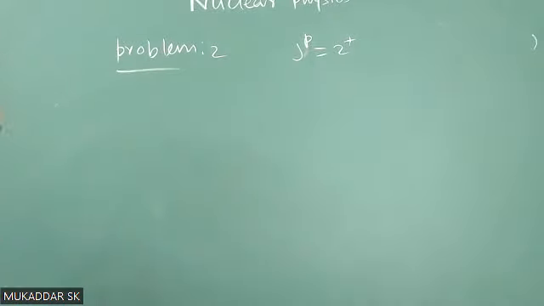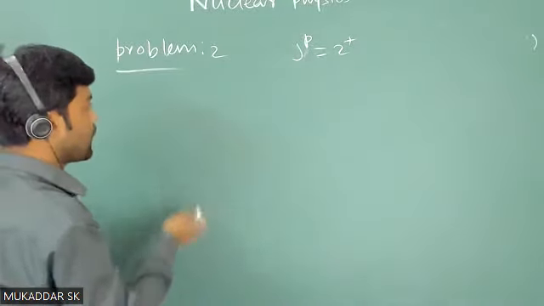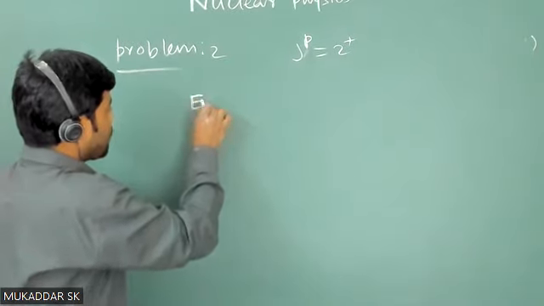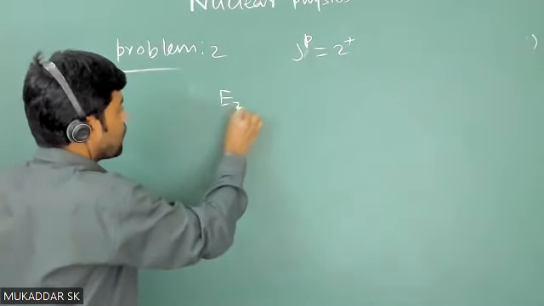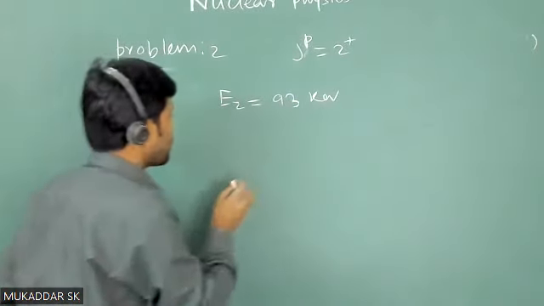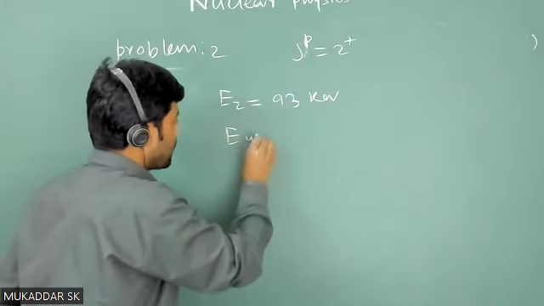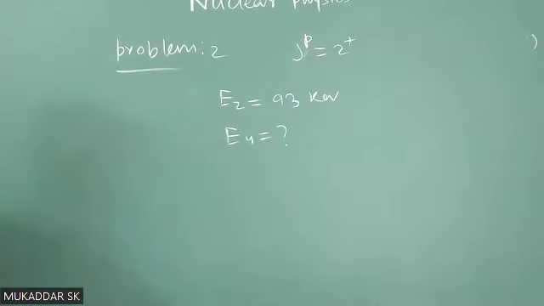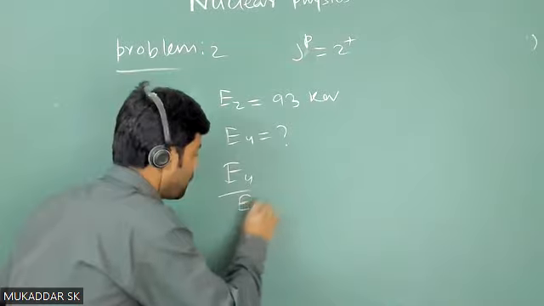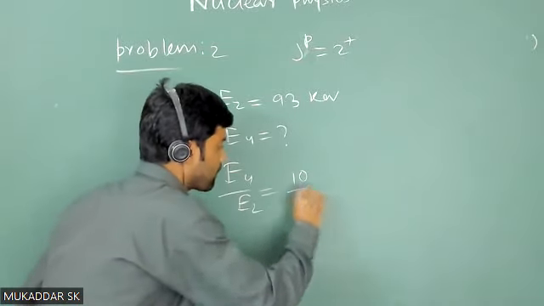So the energy of the 2 plus state is given. It is 93. It means they are asking about the next allowed state, that is E4. We have just seen that E4 by E2 is 10 by 3.